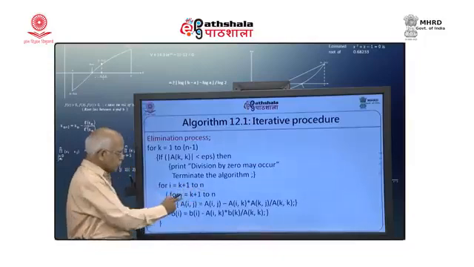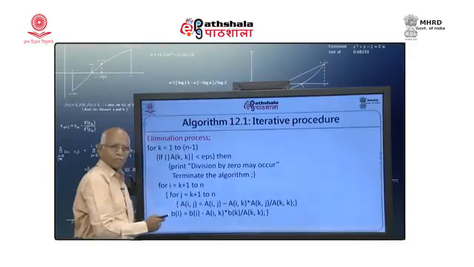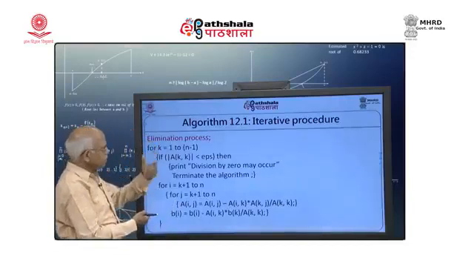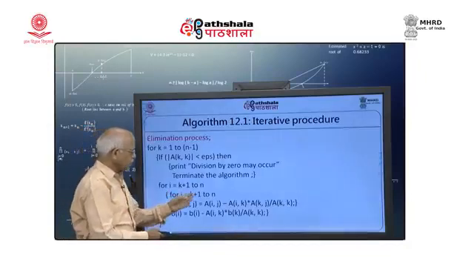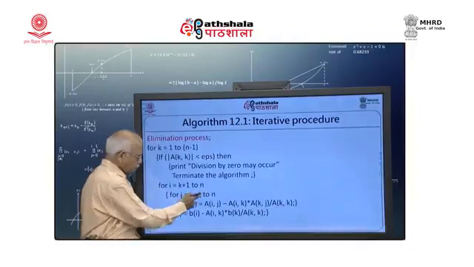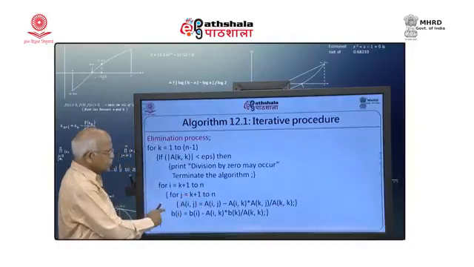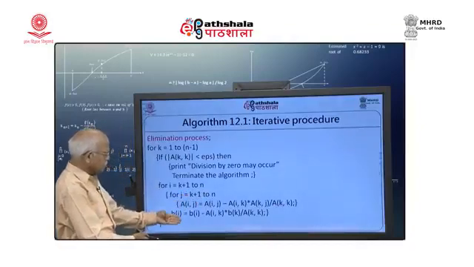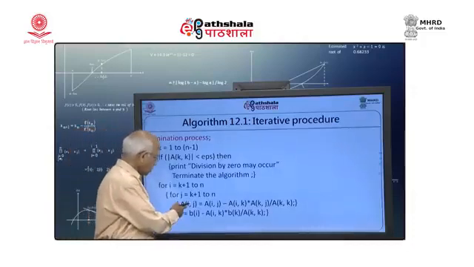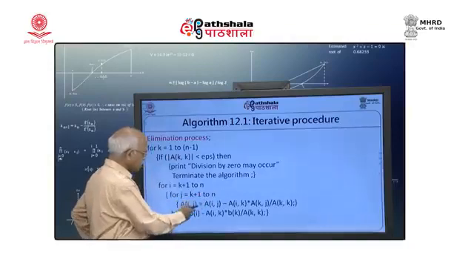In the manual procedure we take j equal to k to n, because the kth column element will become 0, but here we do not want to change that kth column element, and therefore we are taking the modification from k plus 1 to n, and then we are just implementing the same formulae as stated in the basic Gauss elimination algorithm.